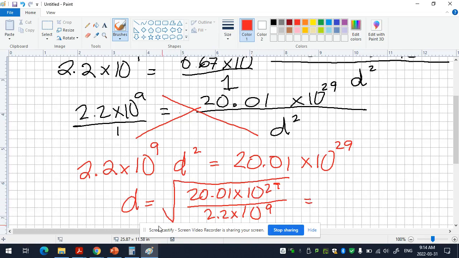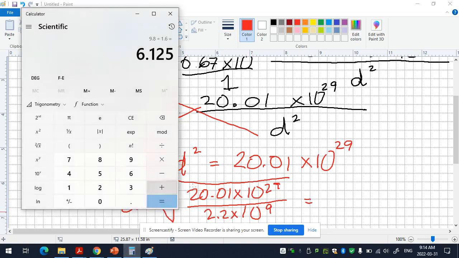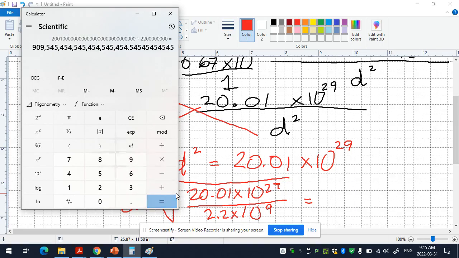That's it. Let's do this in one shot here. 20.01 x 29 divided by 2.2 x 9. And then what do I do with this number? Square root it. There we go.